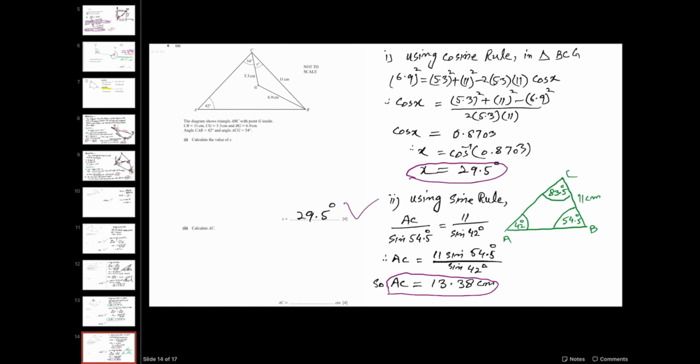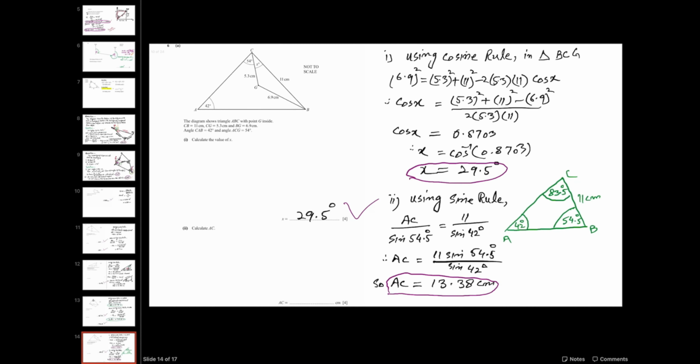And after calculating the value, we got cos x is equal to 0.8703 and x is equal to inverse cos of 0.8703.